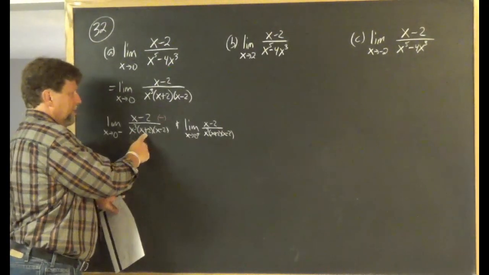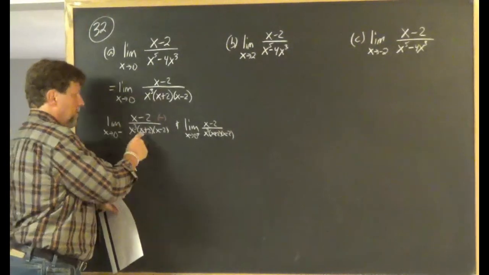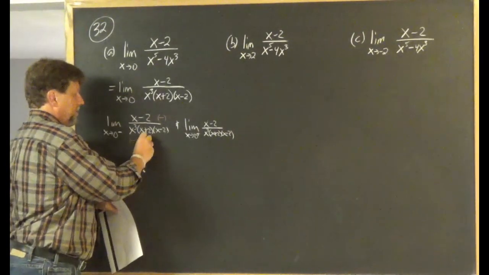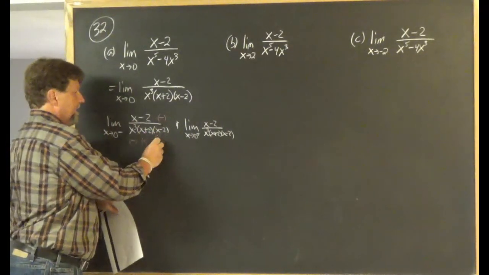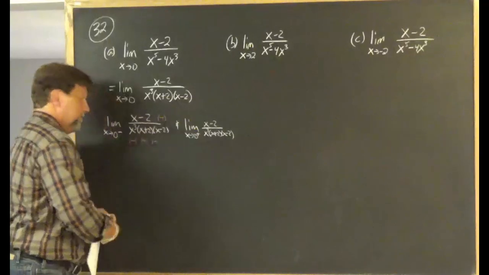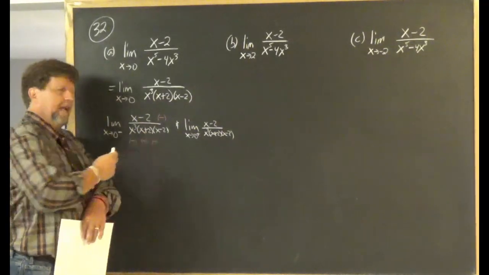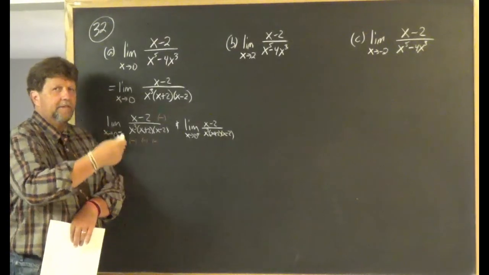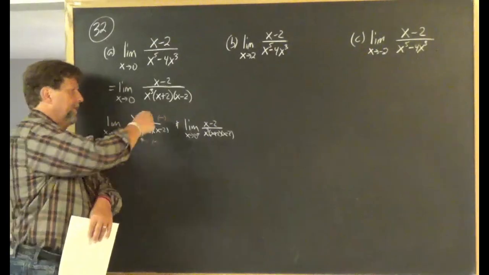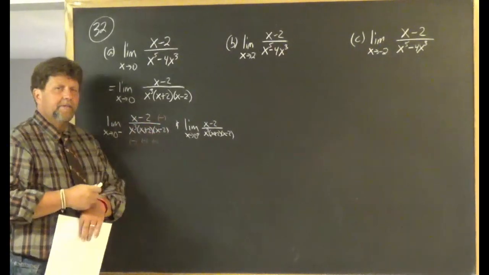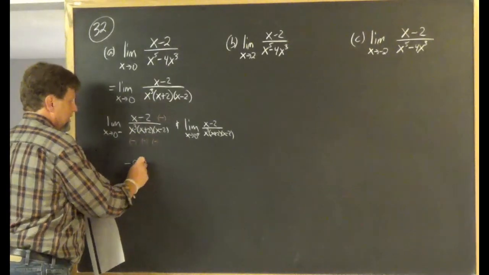A negative number close to 0 plus 2 is going to be positive. And then a negative number minus 2 is negative. So check it out, folks. The denominator would be a negative times positive times negative. Negative times positive times negative is positive. The numerator's negative, so negative divided by a positive is negative. This limit is negative infinity.